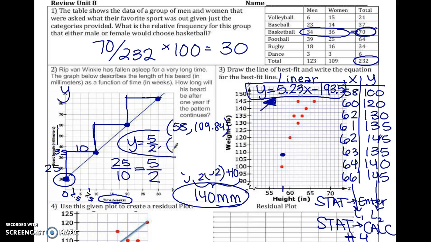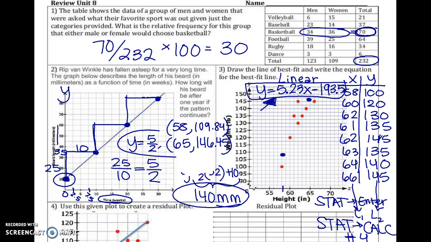And then I plugged in 65, just 2 different numbers for the x values, and the output was 146.45. And so if you go to 65 and you go up to 146, we're about right there.